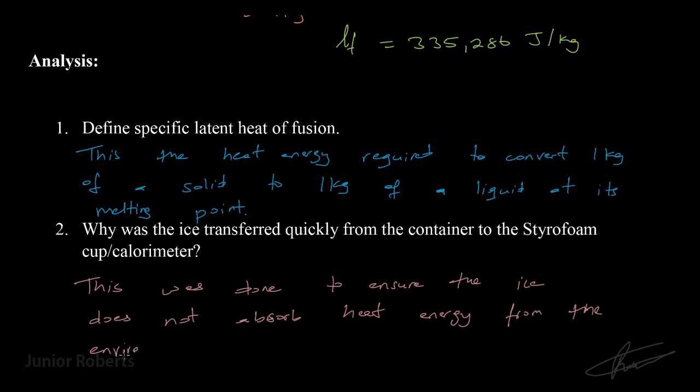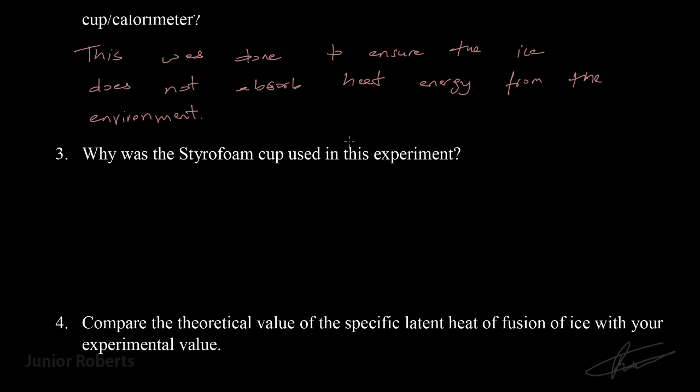We know this might not be 100% preventable, so we try to move as quickly as possible to limit any possible errors. Next, why was the styrofoam cup used in this experiment?